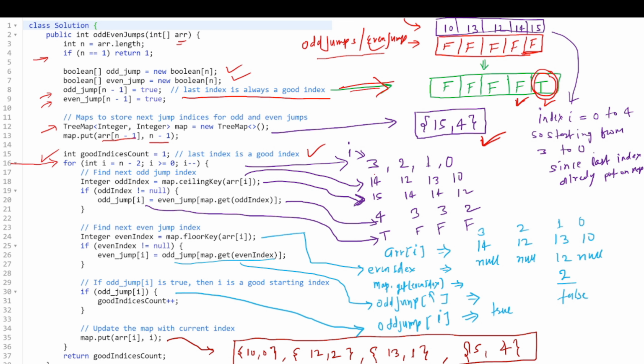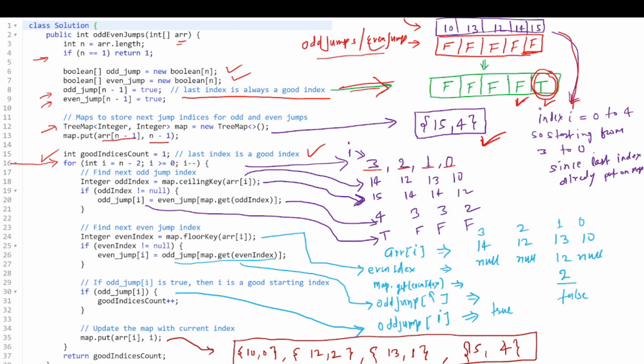So the index will start from i equal to 3, then 2, then 1, and then 0, right? So this for loop will start like this: 3, 2, 1, 0, right? Because the indices we have for the array here, you can see, are 0 to 4. So the starting index will become 3 to 0, since the last index we have already put on the map.